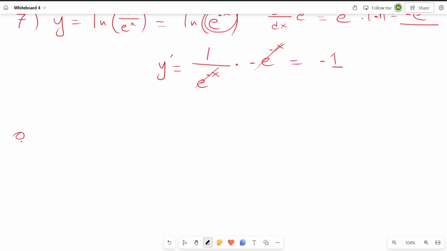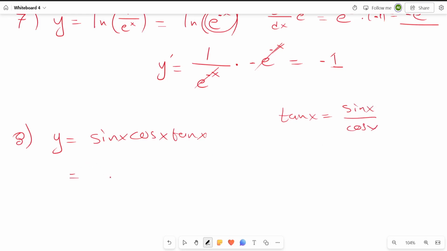Let's take one more final example. Let's say we have y equals sine x cosine x tan x, and I need y dash. Again, I can use the trigonometric identities to help me. I know that tan x is equal to sine x over cosine x.